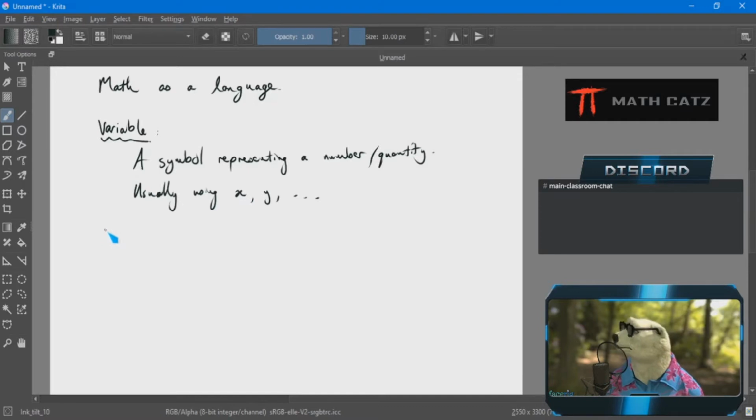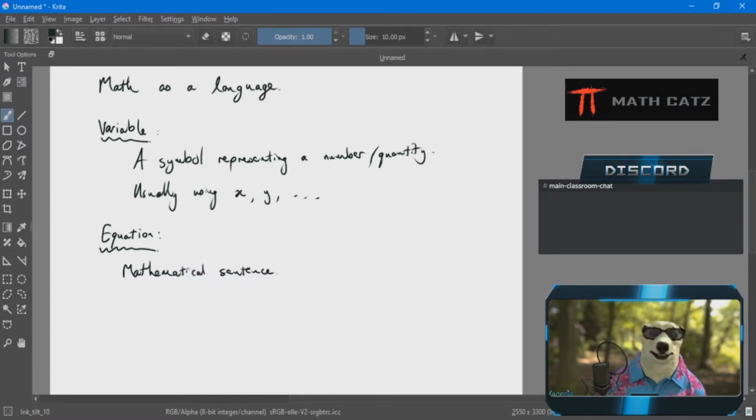All right, so the next thing we have, the way to use this variable, this symbol, in this mathematical language, is the idea of an equation. Let me put squigglies under it because that's what I did first. Now, I want to see an equation as a mathematical sentence.